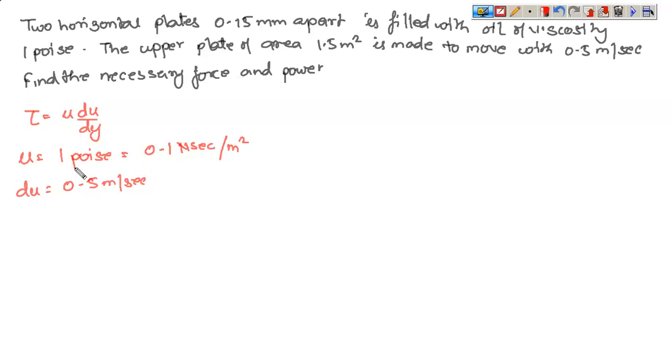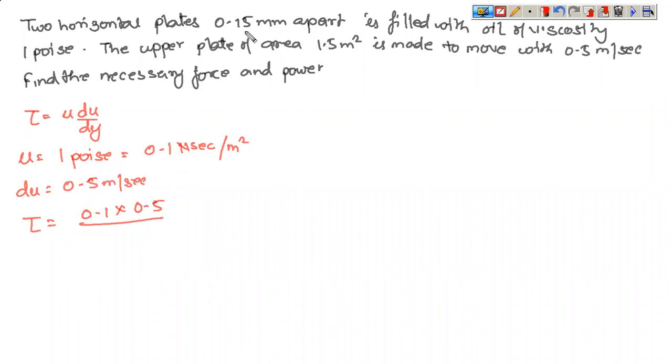So if you put all the values into this formula, you have tau is equal to 0.1 multiplied by du, which is 0.5 meters per second, divided by dy. So dy is 0.15 mm apart.